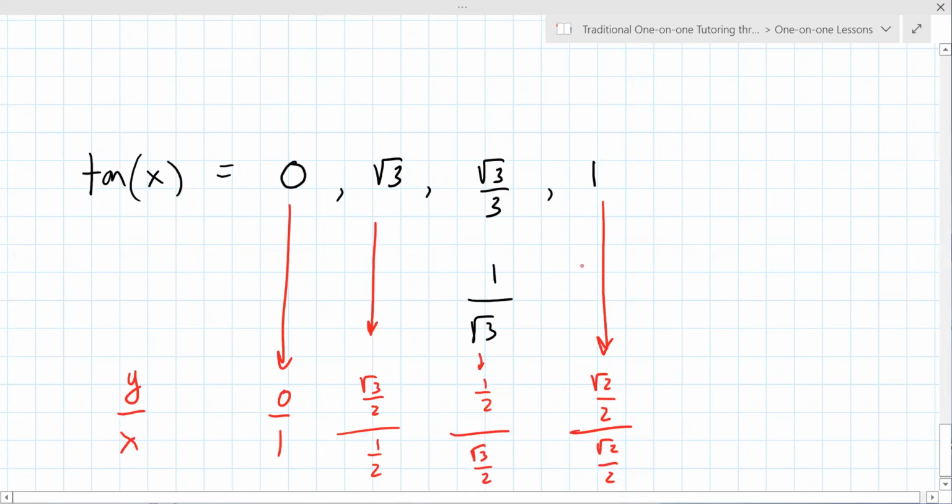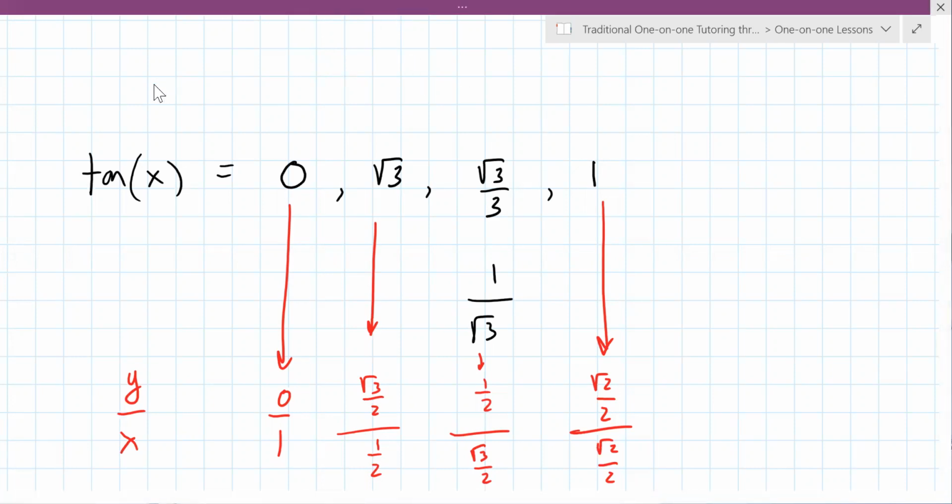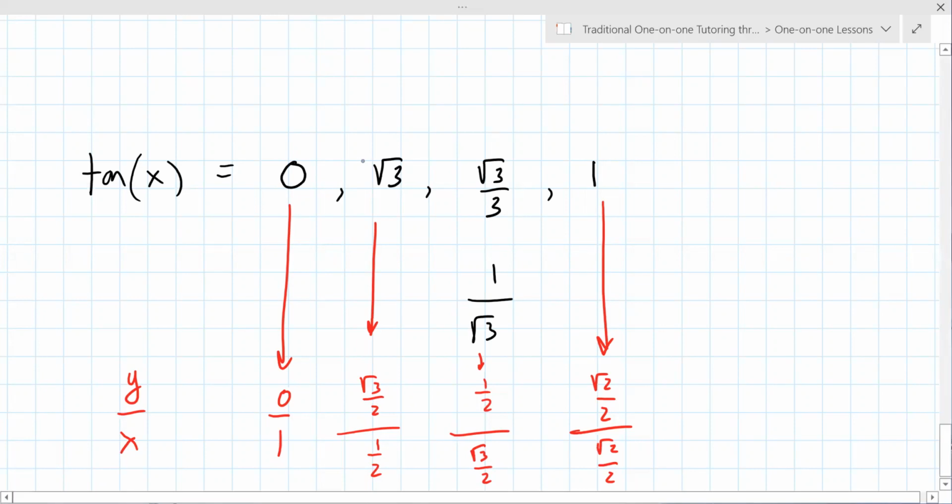Okay, I know this is a lot. This is all stuff that you were supposed to know, but I hope this gives some clarity to what we're doing. Now, not to make it worse, but it's plus or minus.